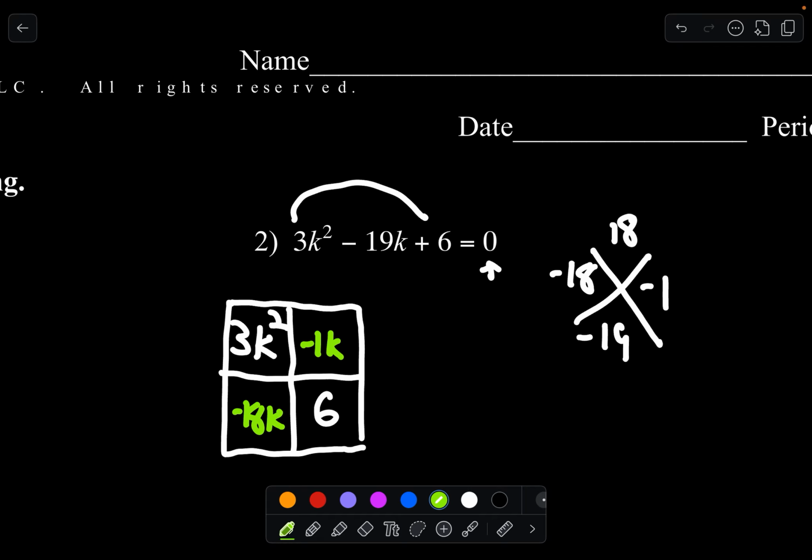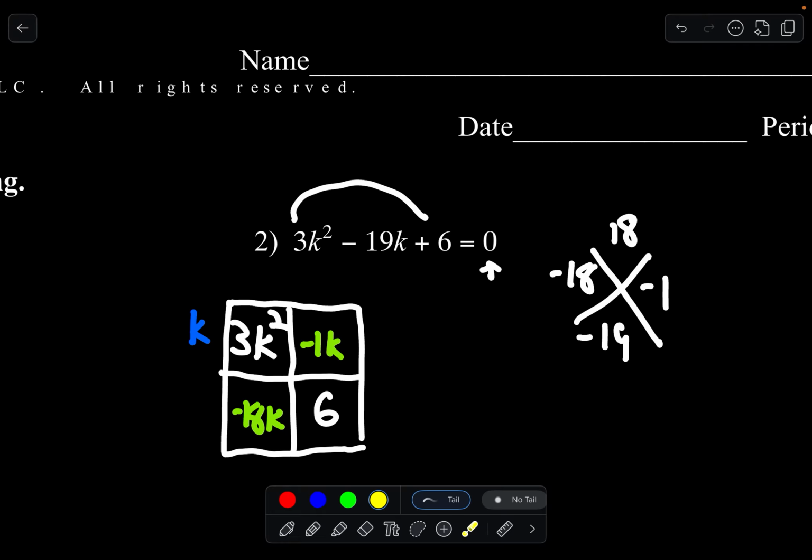All right? So looking at this, you can ask yourself what's common between those two, and I hope you would see that it's just k, not 3k. What's common between these two? Well, that's going to be a 6. I'm always a little concerned about the negative sign.